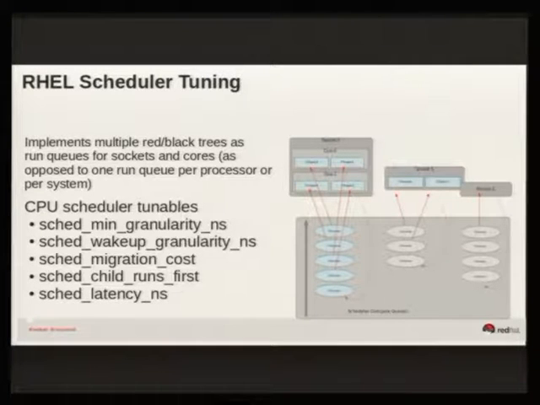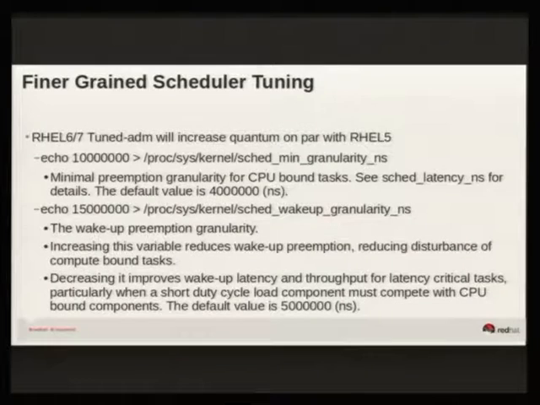This really becomes a lot more complicated with NUMA systems because, for instance, there's some of the fine-grained scheduler tuning. In RHEL 5, there was the equivalent of a quantum. The quantum really doesn't exist in the later kernels, so it's divided into how frequently the system looks at waking processes up and how frequently it looks at putting them to sleep. I'll talk a little bit more about this later here.